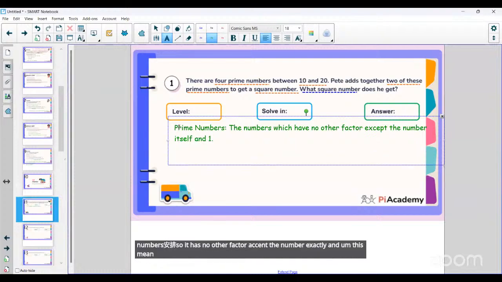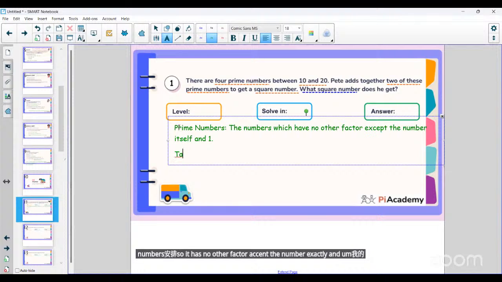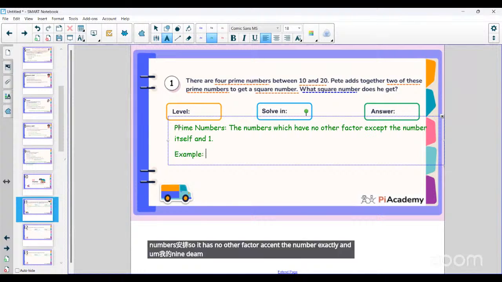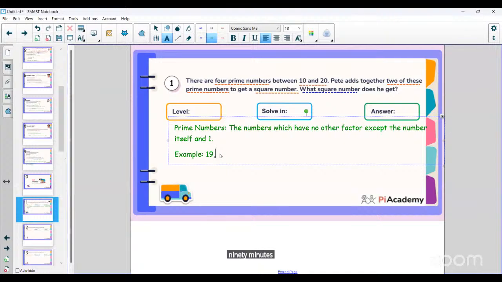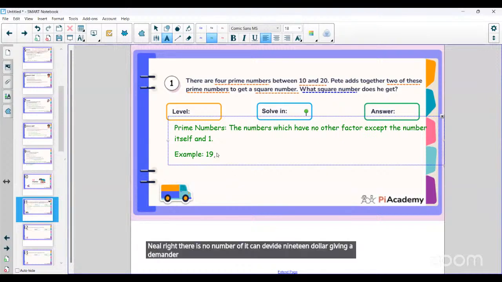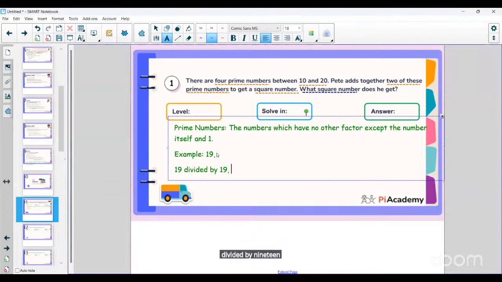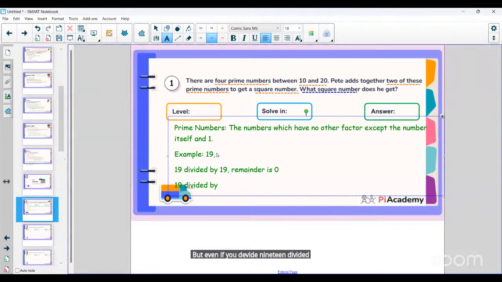What does this mean? Take an example of 19. Is there any number which can divide 19 without giving a remainder? No, right? There is no number except 19. If you divide 19 by 19, the remainder is 0, correct? And if you divide 19 by 1, the remainder is 0.